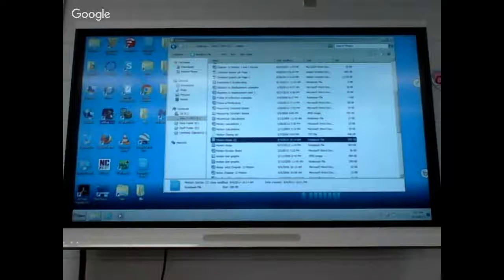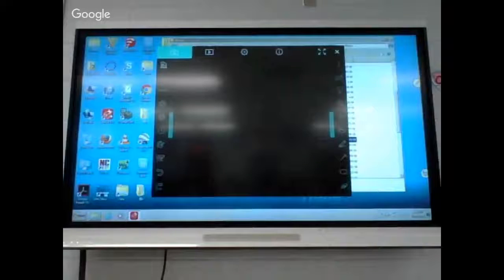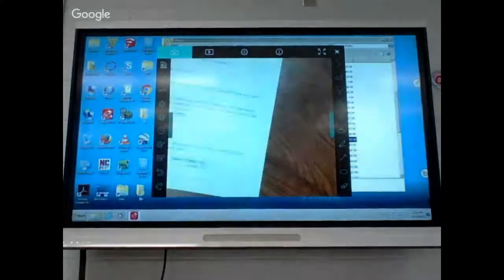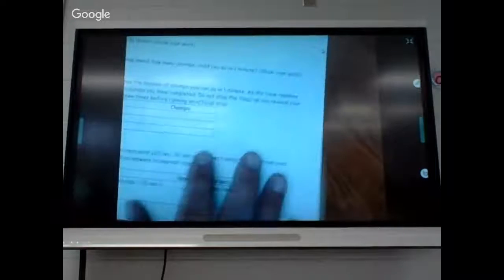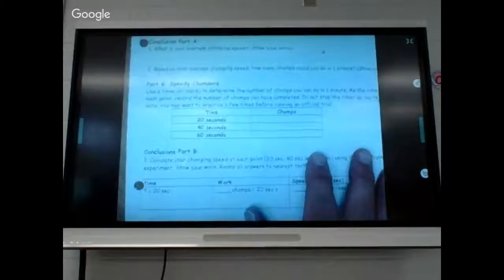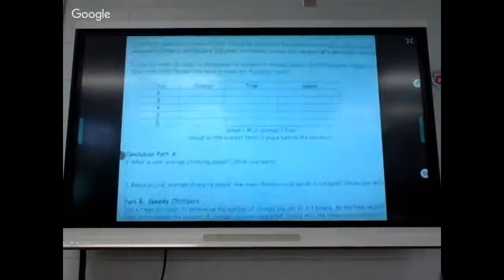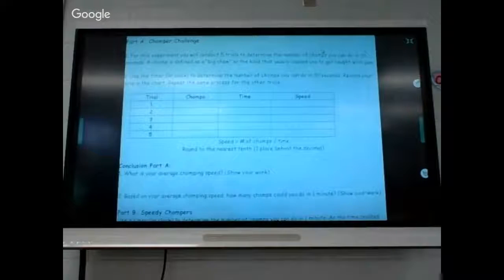Now, when you look at the lab sheet, first of all, there's no distance for speed equals distance over time when you're doing your calculation. You have chomps instead of distance, okay? For this experiment, you're going to do 5 trials.